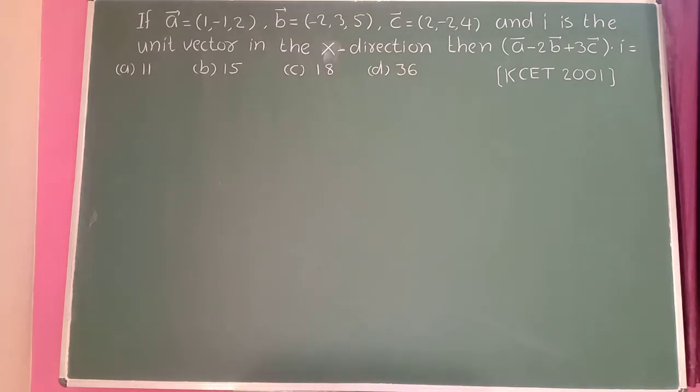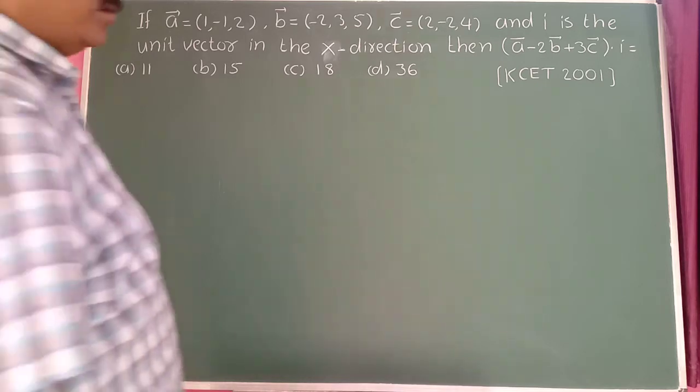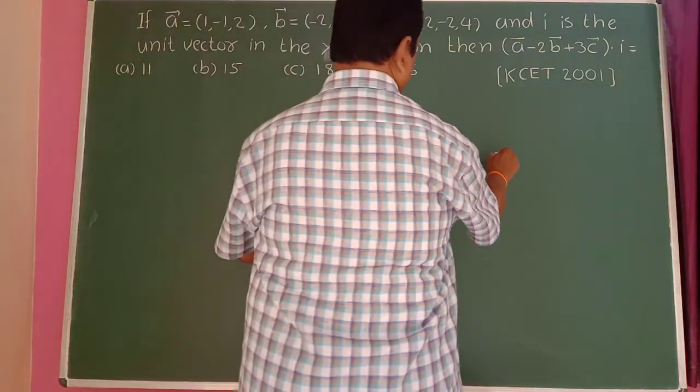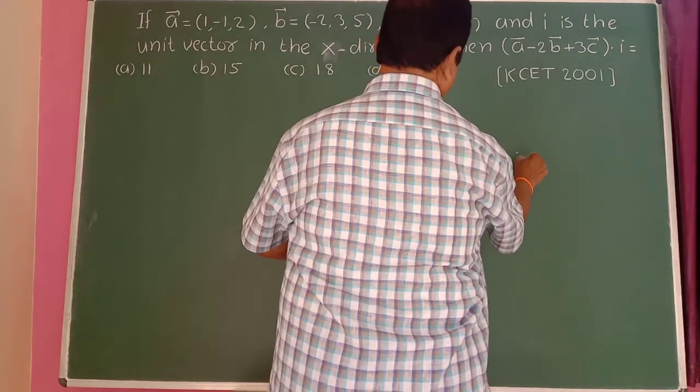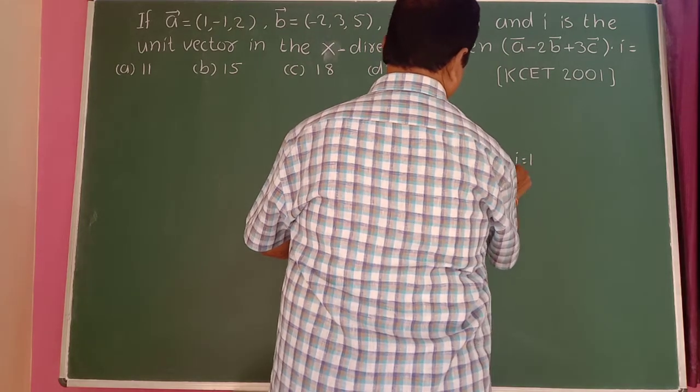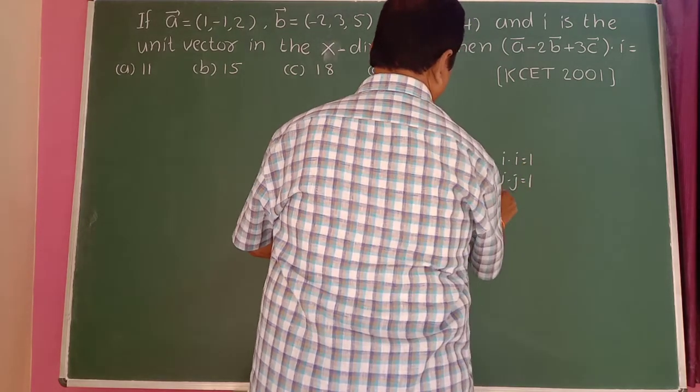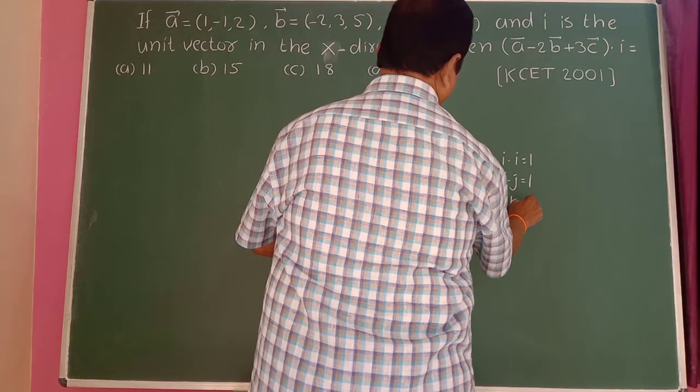So they give the vectors A bar, B bar and C bar, and i is the unit vector in the x direction. Then what is A bar minus 2 B bar plus 3 into C bar, dot i? So you know the dot product properties: i dot i is equal to 1, j dot j is equal to 1, k dot k is equal to 1.